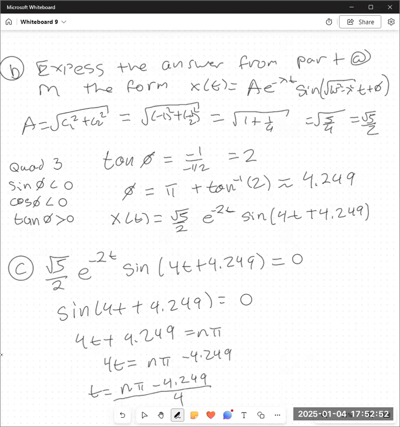Because time has to be positive, n has to be greater than or equal to 2 here. But I'm going to have negative time if n is 0 or 1. So 2 is my first cycle.